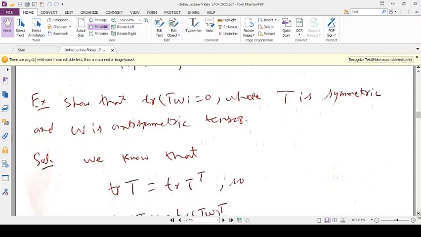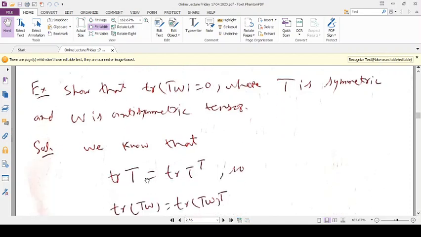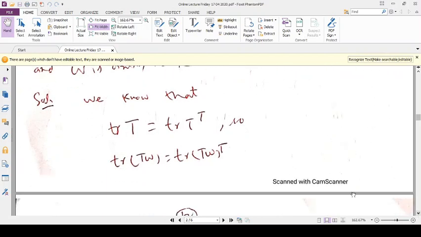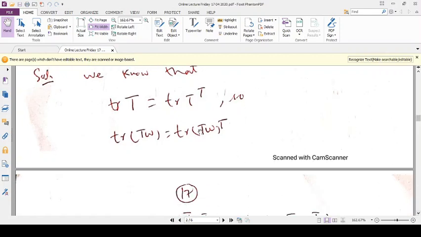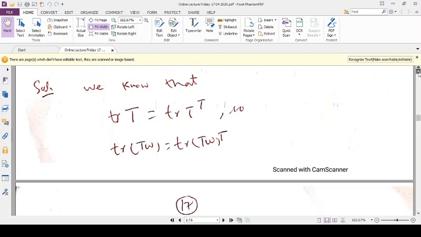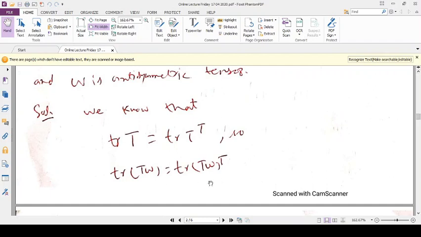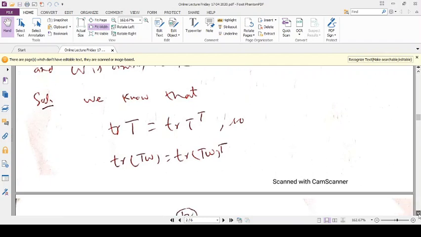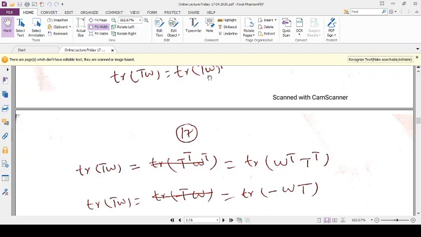So we have to show this. We know that trace of T equals trace of T transpose. So here we have tensors TW, so we can write trace of TW equals trace of (TW) transpose. Here we will use the property: trace of W transpose T transpose.